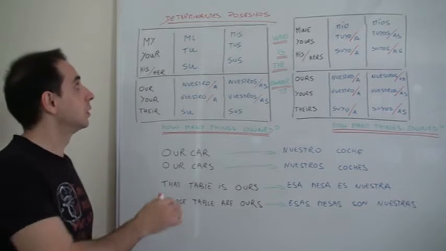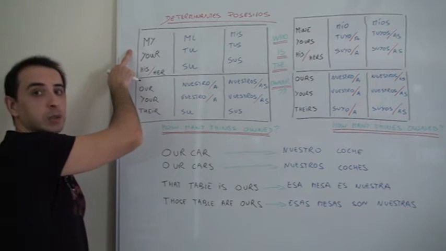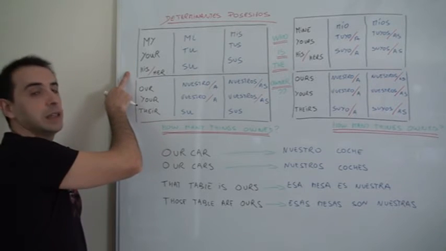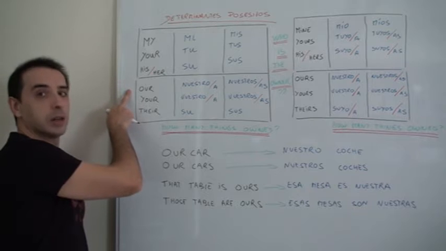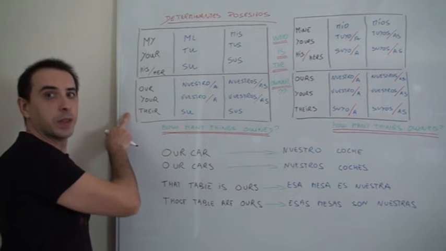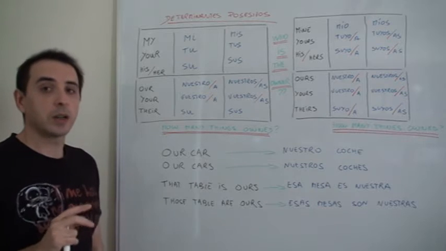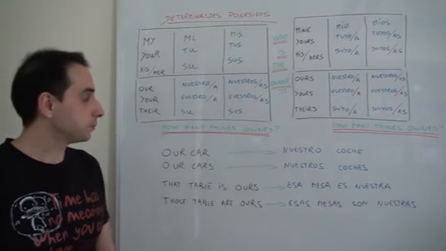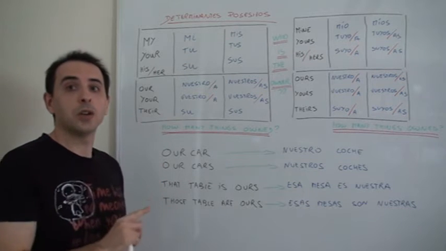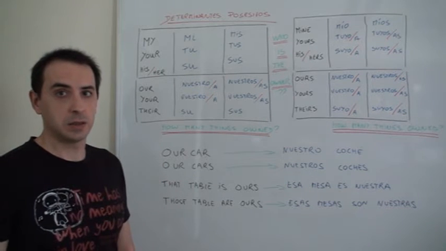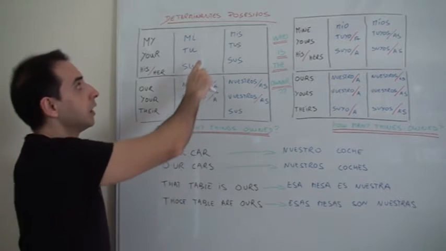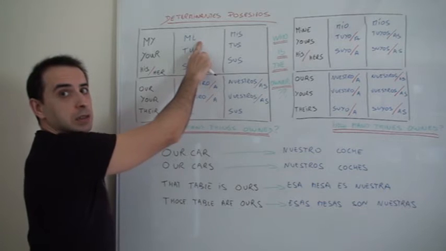For example, you remember in English we have my, like my car, your, his, her, our, your, their. We are going to have two options in Spanish, depending on how many objects the owner has. If you have one, it's going to be mi.